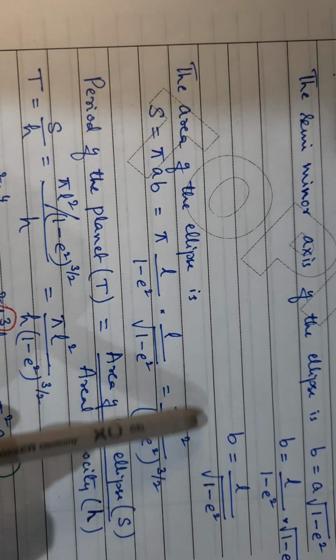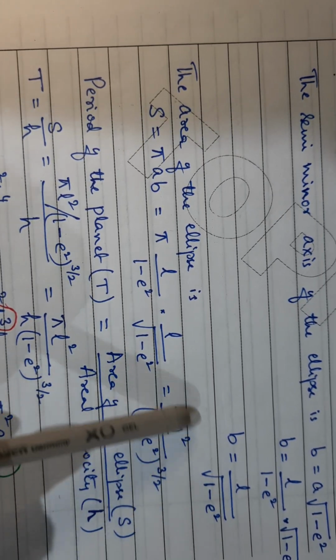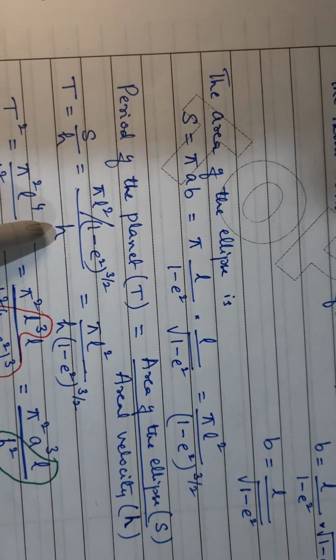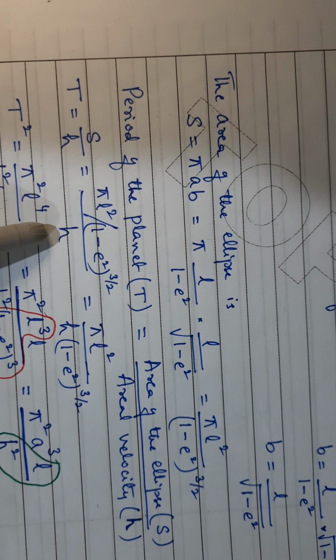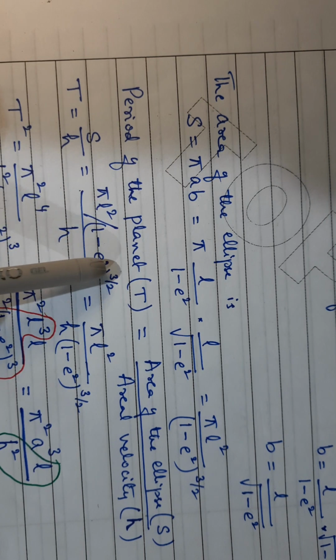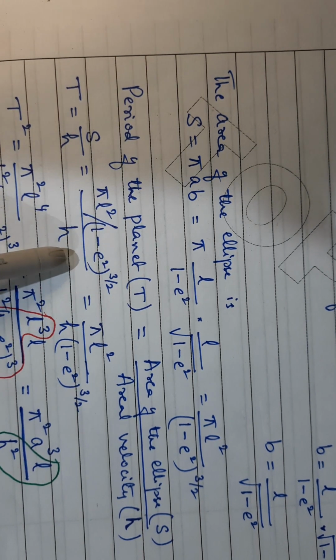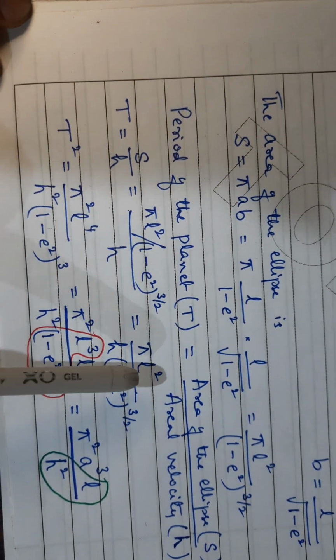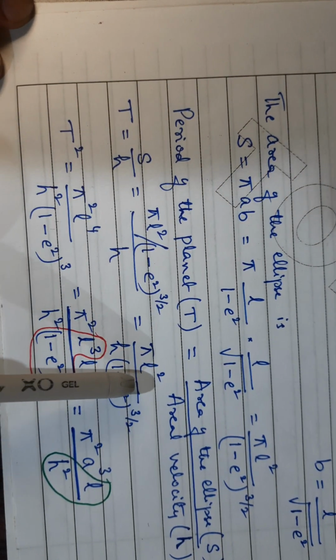This is the area of ellipse divided by areal velocity. We know that already, it is taken as h. So substitute. This 1 minus E square raised to the power 3 by 2 goes to the denominator. Therefore, T is equal to this.